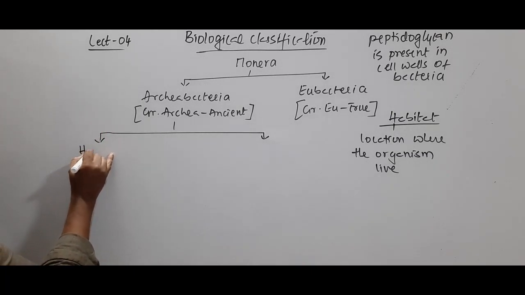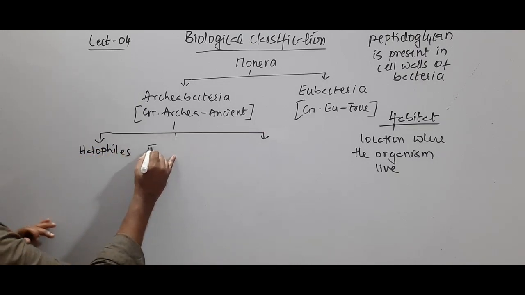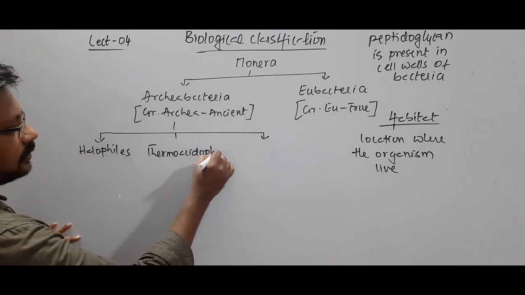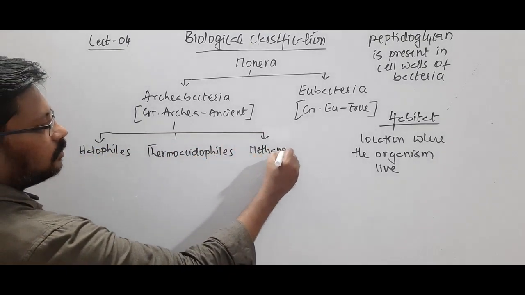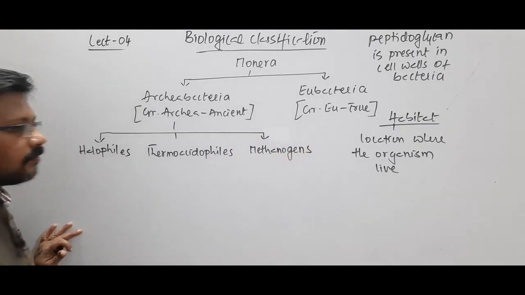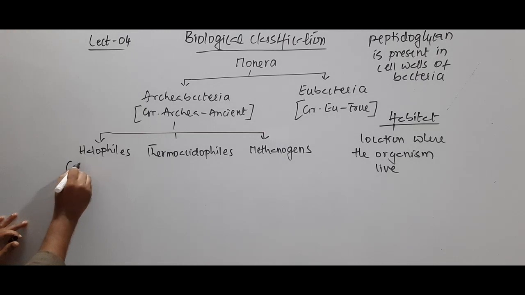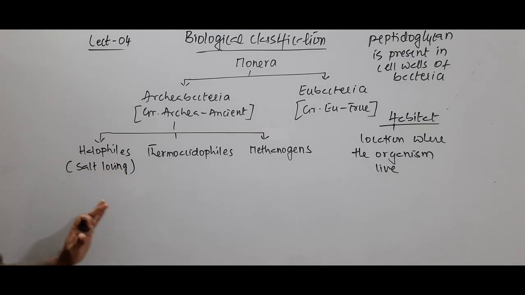One is called halophiles, another one thermoacidophiles, and then methanogens. Halophiles means salt loving, which tells us that these are the bacteria capable of living in extremely salty areas.